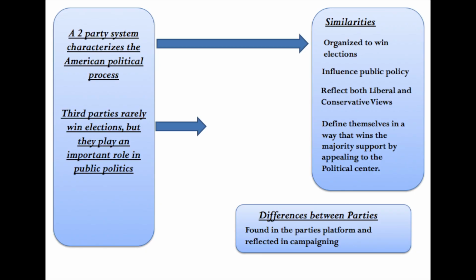Okay? So, to wrap it up, we've talked about the similarities. How many similarities were there? 4. An easy way to remember them: close your eyes, and say, O is for organize and win the elections.